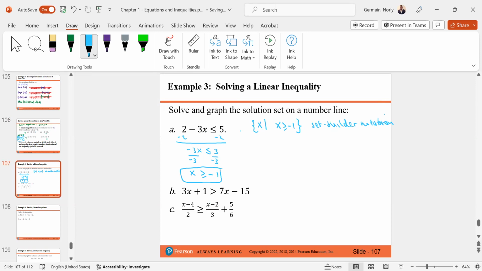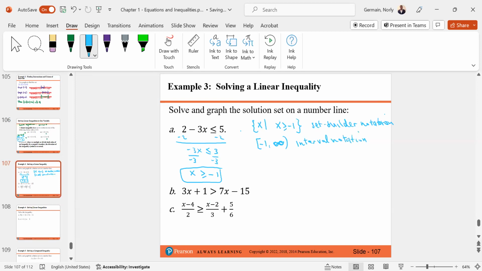Remember, it's greater than or equal to -1. That means we have -1, infinity. We call this one interval notation.